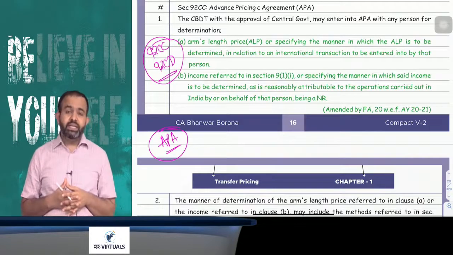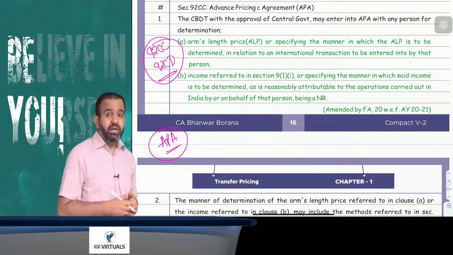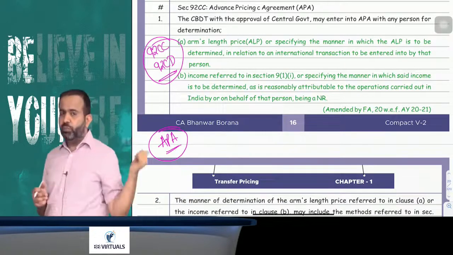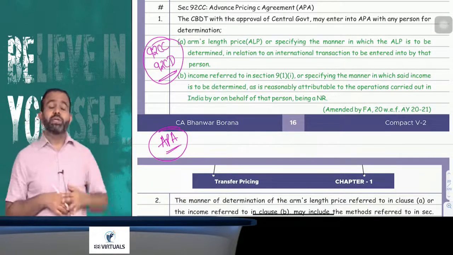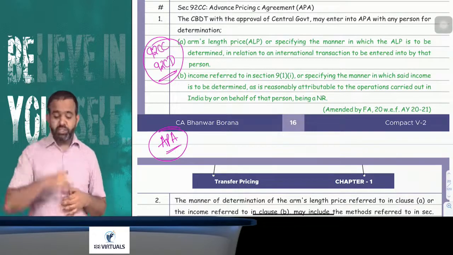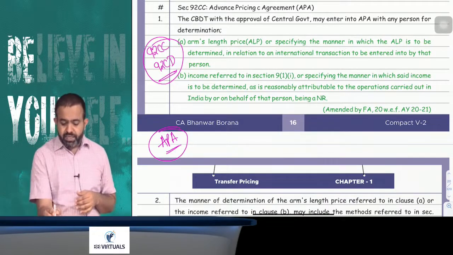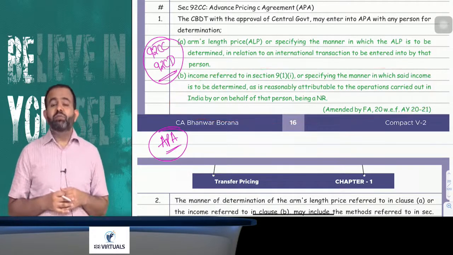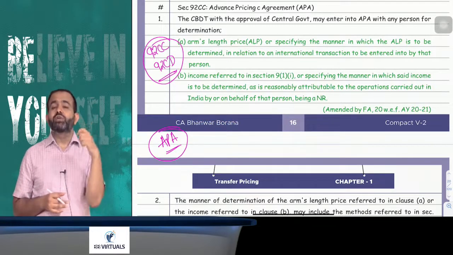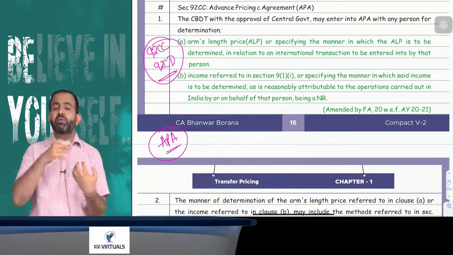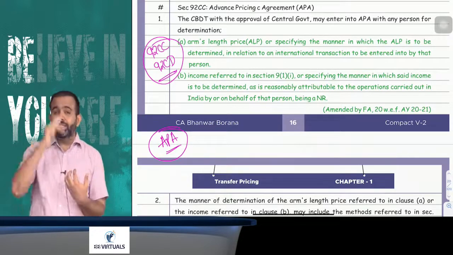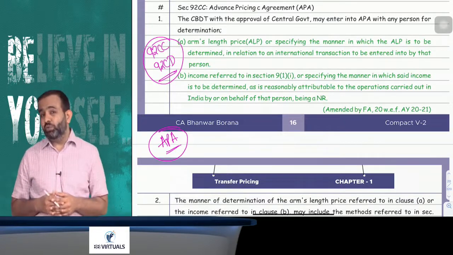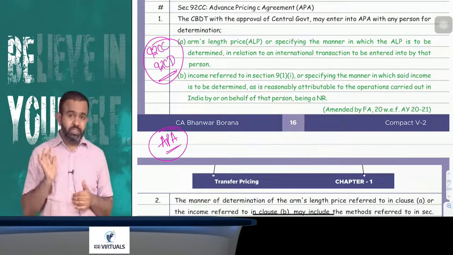Now the question is, this agreement or APA is entered for the purpose of determination of arm length price in case of transfer pricing, or determination of income of a non-resident as per section 9(1). This part, income as per section 9(1), was added this year only. That is income deemed to accrue or arise in India, means what amount of income is deemed to accrue or arise in India for a non-resident. For determination of that income also, the assessee may enter into the APA with the CBDT. You got my point or not?